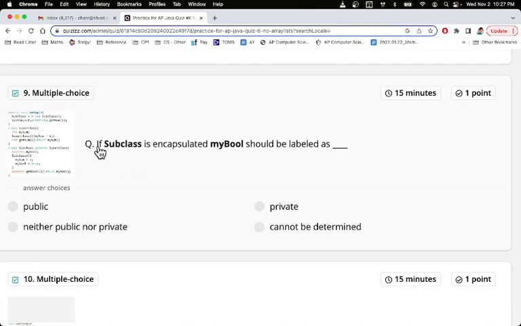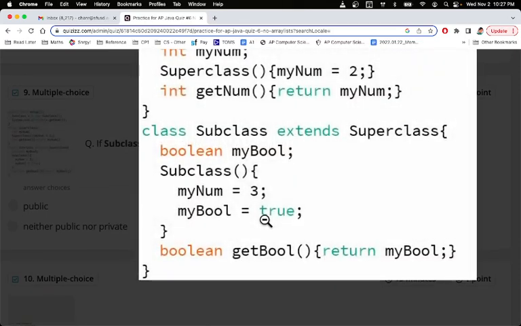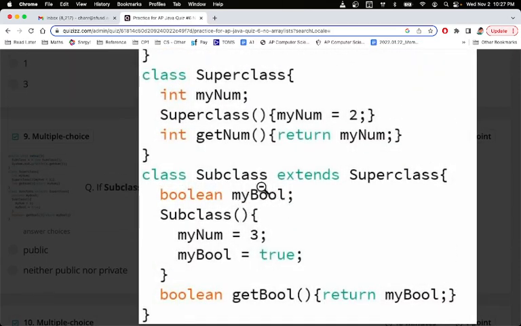Moving on to number 9, if subclass is encapsulated, and this word means labeling it as public and private, my bool should be labeled as blank. When you click here, notice right now it's not labeled, it's not encapsulated. My bool is a member variable, and it should be labeled private. I didn't go over that much in class.